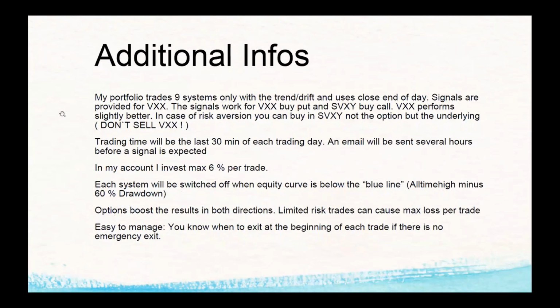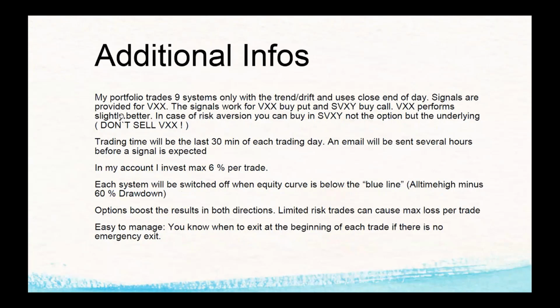Additional info: my portfolio trades 9 systems, only with the trend or the drift, and uses only the close at end of day. Signals are provided for the VXX. The signals work for VXX with a put or SVXY with a call. VXX performs slightly better.